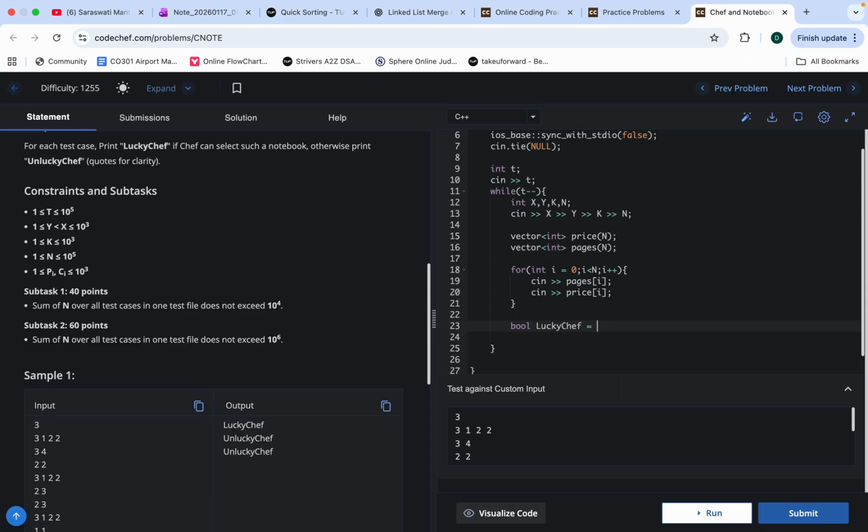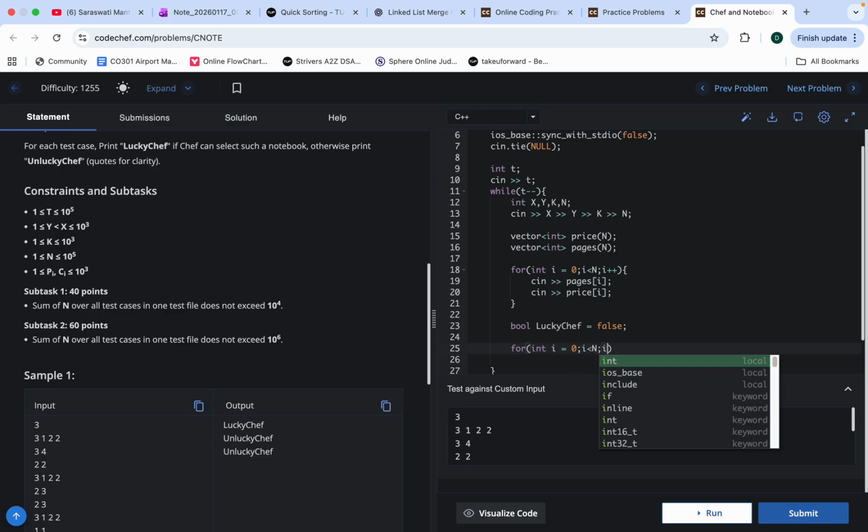I'm taking it as false, because we don't know whether there is a condition where chef is lucky. If we ever find a condition where chef is lucky, then we will set this to true. So we're going to traverse over these two vectors at the same time, i less than n, i plus plus.